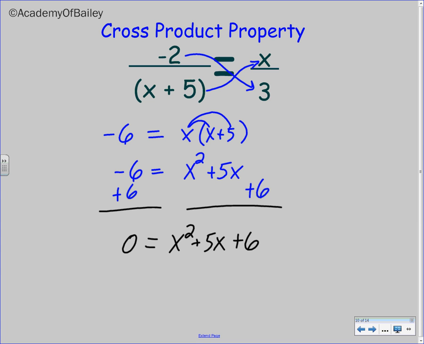And so from here, we need to factor this. We need to find two numbers that multiply to give you 6. The numbers that multiply to give you 6 are going to be 1, 6, 2, 3. We could also go -2, -3, and -1, -6. Those give us +6.